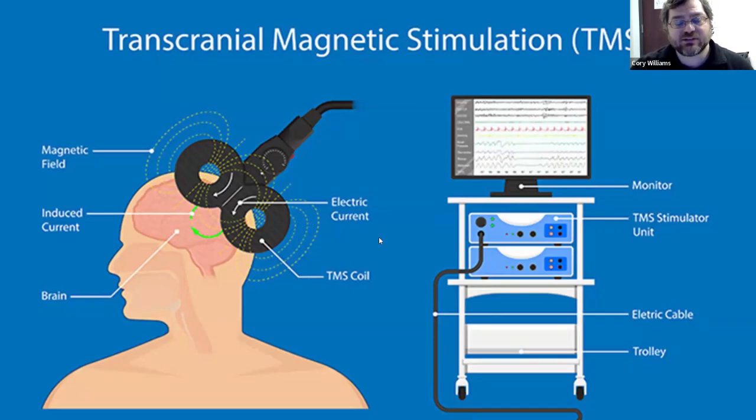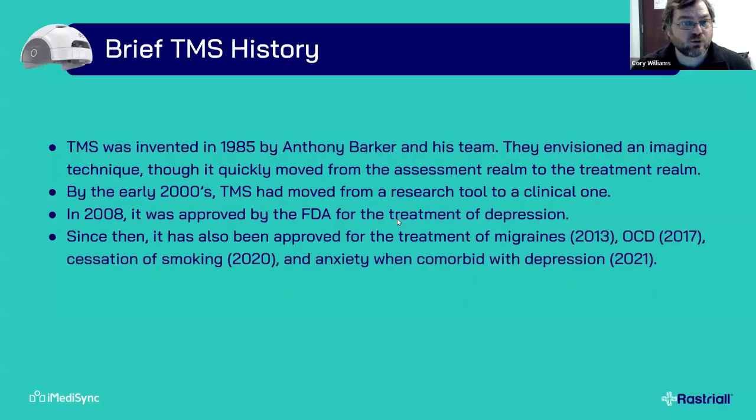Typically, TMS is used to target the left dorsolateral prefrontal cortex, and we'll get into that here. It's a treatment that, at least in the US, has been approved by the FDA for depression. In the 80s, Dr. Barker and his team first came up with the idea for TMS. They were trying to create some imaging technology, and it quickly moved from an assessment tool to a treatment tool.